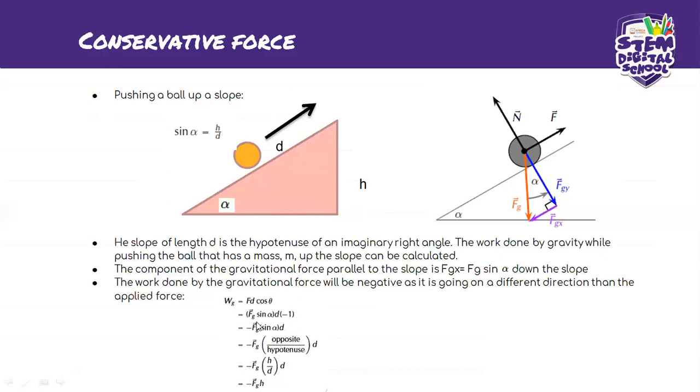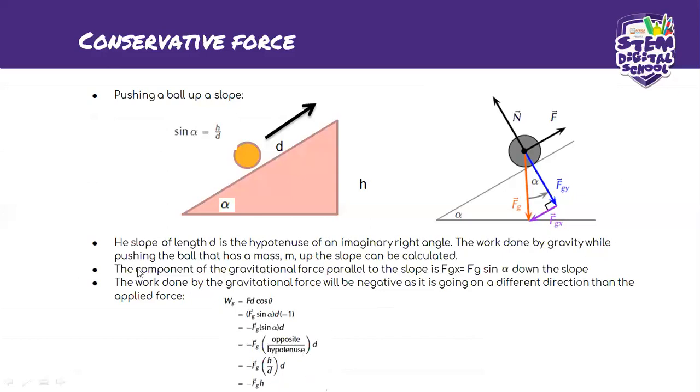So we can take this sine theta as well and break it down to say opposite over hypotenuse. And remember, we also have our d. So it's going to be h over d times d, and then you're going to cancel out the d's. Okay, and then from there you're going to have minus Fg h. Okay, so it's simple to see.